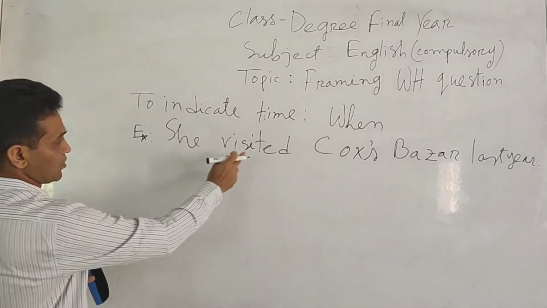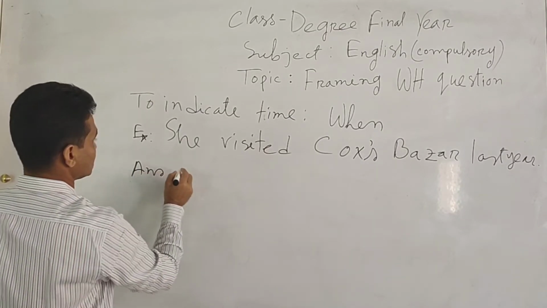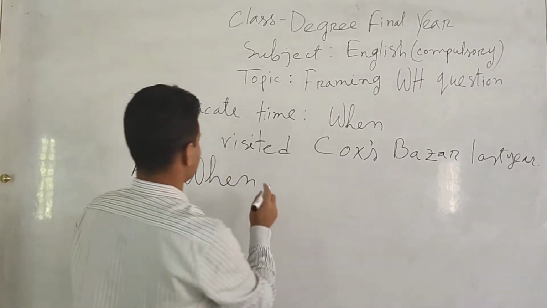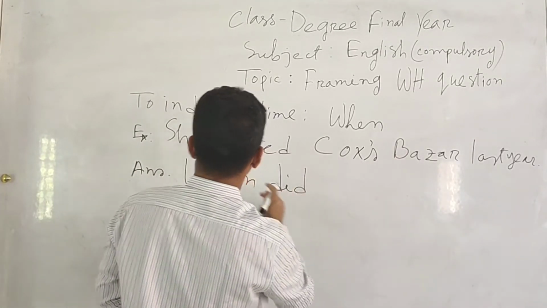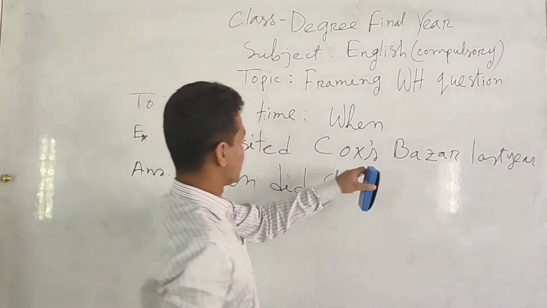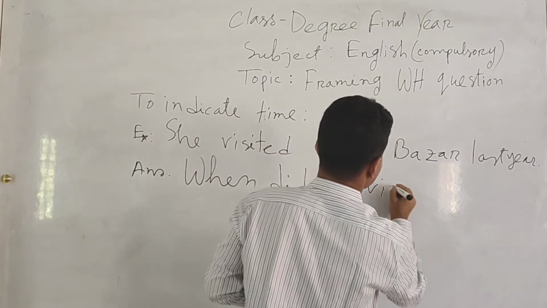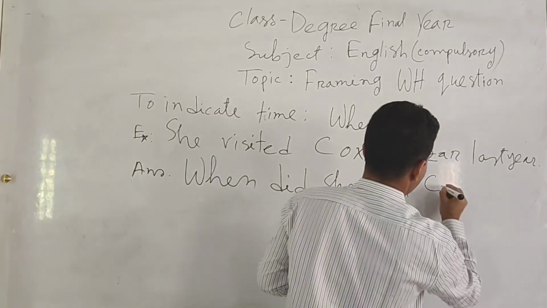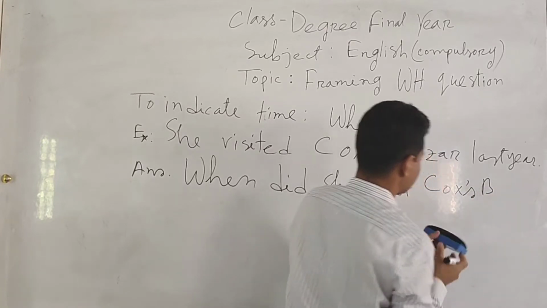So, to form a WH question from this sentence, we use, of course, when. When, did as auxiliary, she as subject, visit as principal verb: when did she visit Cox's Bazar?